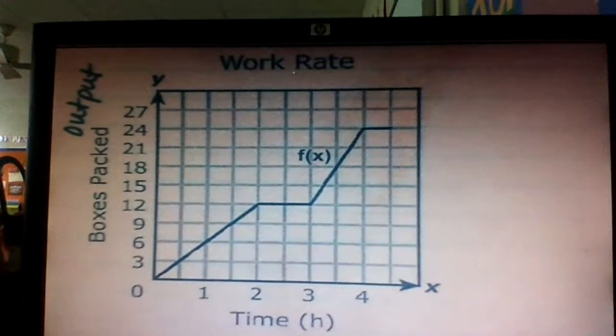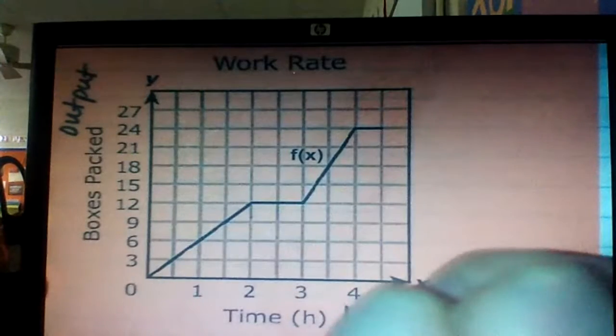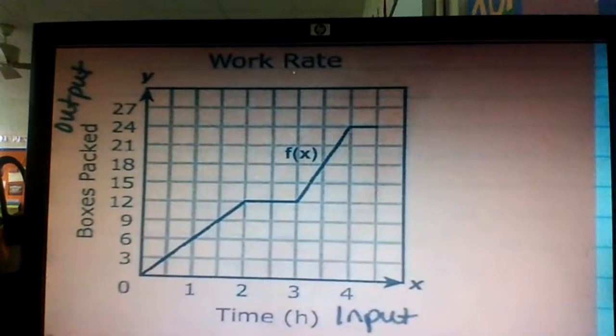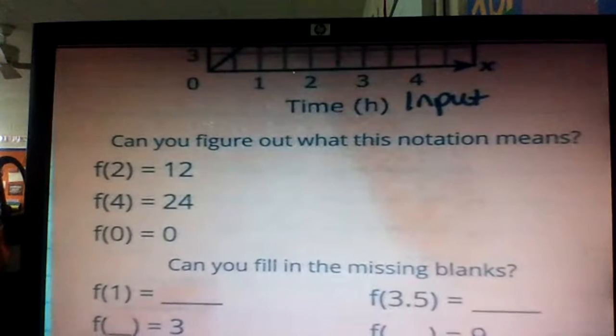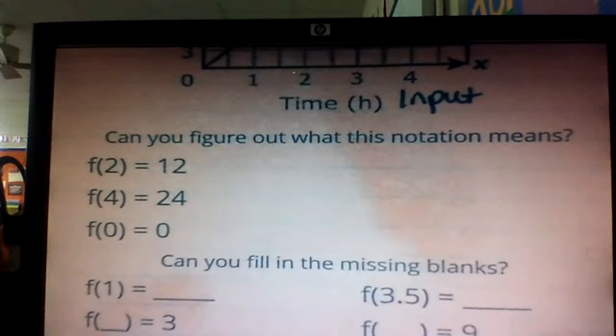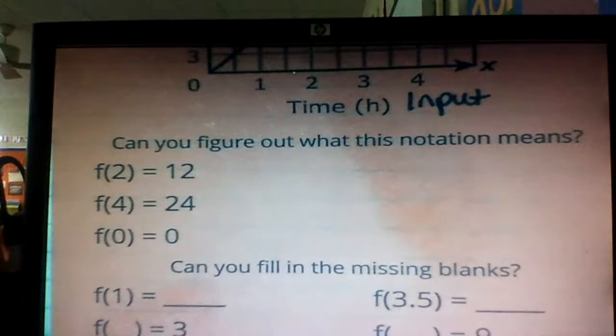Okay, so what am I inputting in this? Time. Time is my input. Okay. Can you figure out what this notation means?